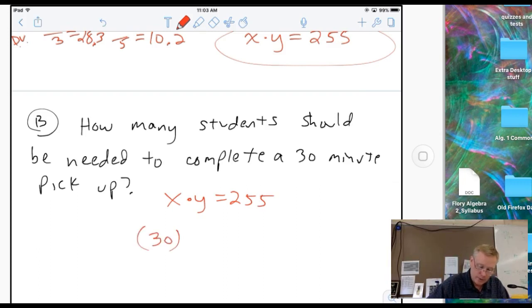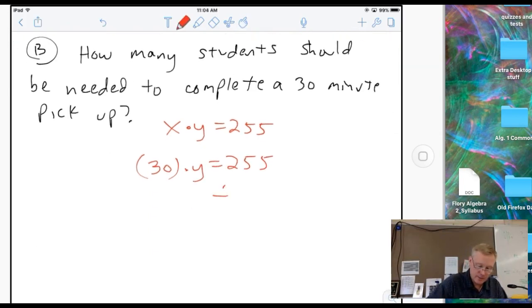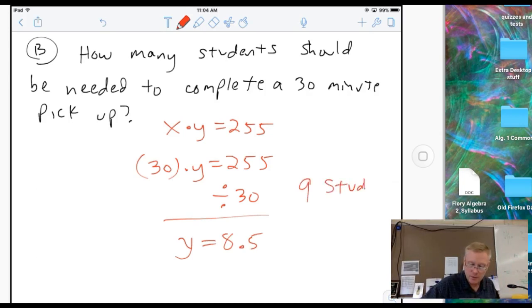If I plug in 30 for x, or 30 for y, you'll get the same answer. When I divide it out, divide by 30, you get x, or y in this case, is about 8.5 students. So I'm going to say 9 students.